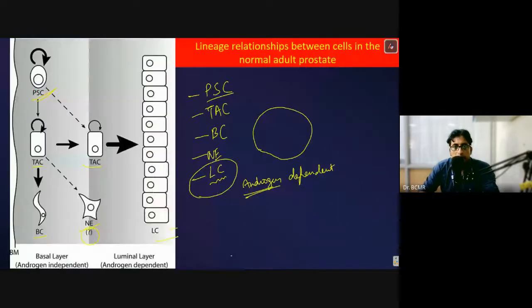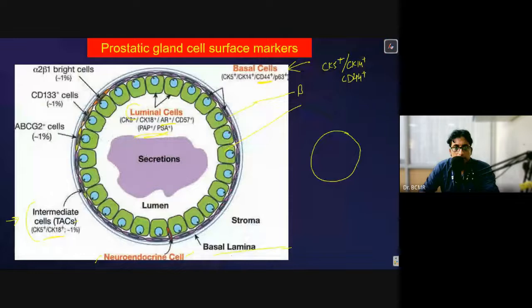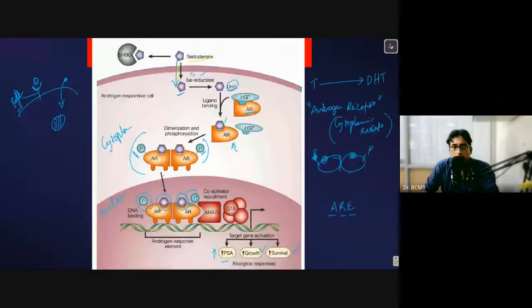If we go back in this case, in the luminal cells, if you see, we said AR plus, that is the androgen receptor plus. Okay. So if we did not have testosterone here, then there is no dihydrotestosterone.